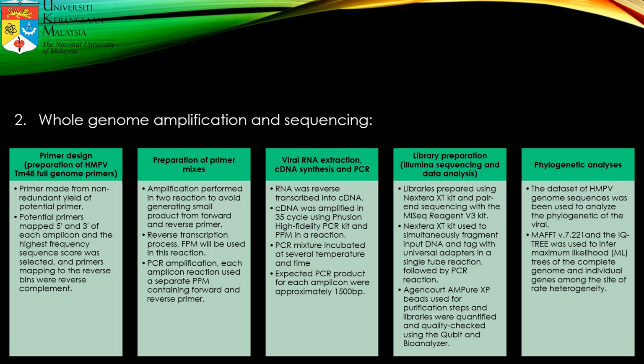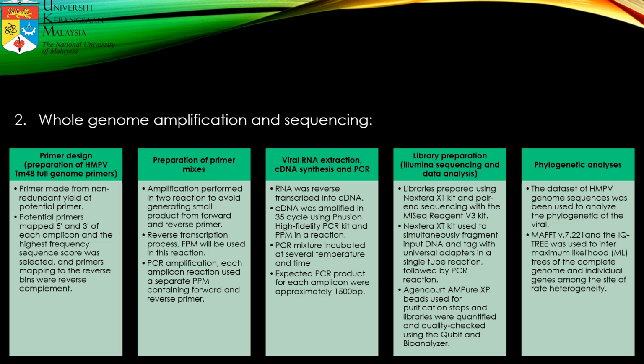For the whole genome amplification and sequencing, there are 5 steps. First, they design a primer from the non-redundant yield of potential primers, and then the higher frequency ones will be selected. Then they use the primer mixture. From the primer mixture, they use two reactions to avoid generating small products of the forward and reverse primer.